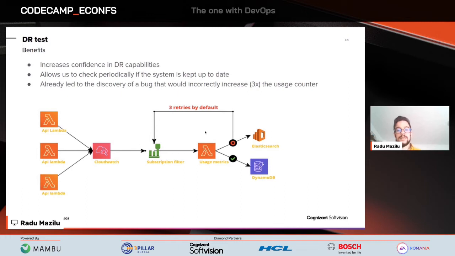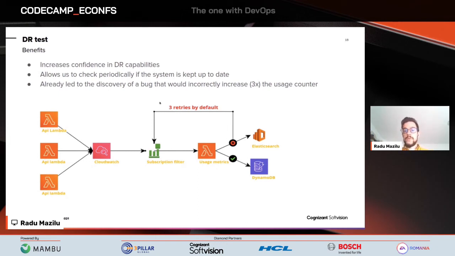For these types of situations where Lambdas are triggered asynchronously from different points, in this example, the subscription filter, you have by default a retry count. So AWS will retry by default to launch your Lambda if it fails.